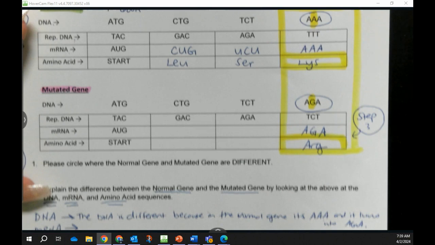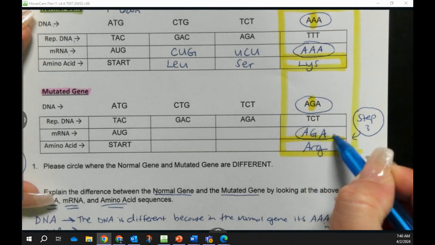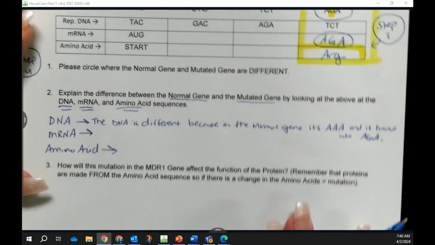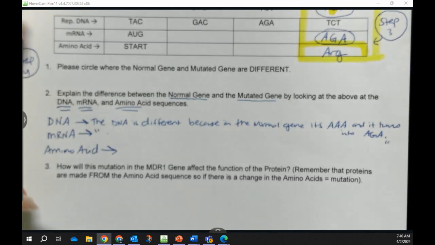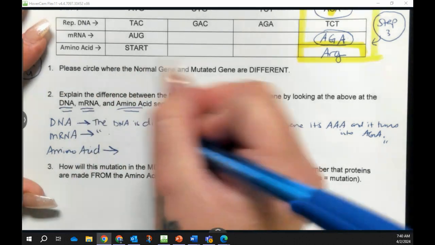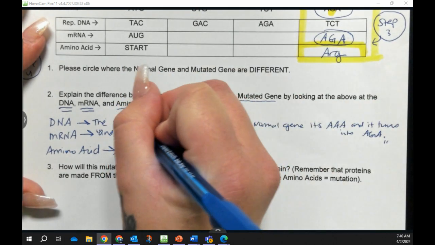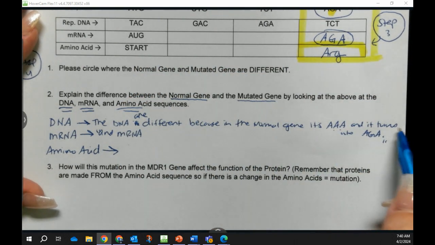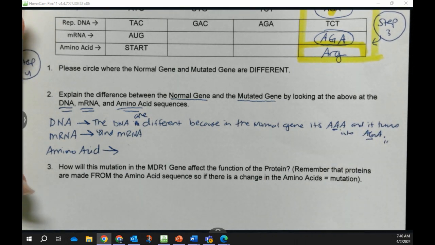So when we look at our mRNA, same thing, AAA, AGA. So we could do this, which means it's the same sentence. So we can say the DNA and mRNA are different because in the normal gene, it's AAA and it turns into AGA, right? The A turns into a G.